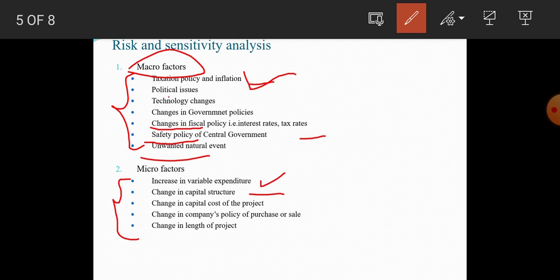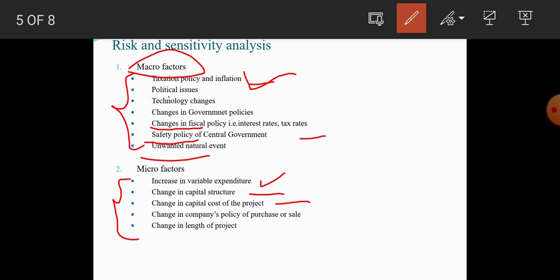So whatever the money which we are having, if that is changed, then the structure was changed. Like if we were getting money from loans, then if we are changing the structure, then there is a change in capital cost of the project.